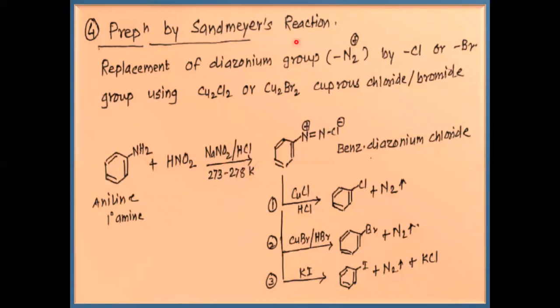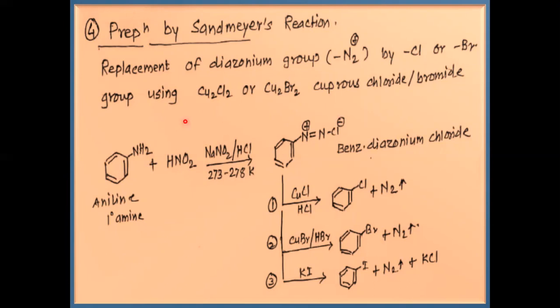Preparation by Sandmeyer's reaction. Now, replacement of the diazonium group, N+≡N, by chloride or bromide groups using cuprous chloride or cuprous bromide, so the corresponding aryl halide is formed.